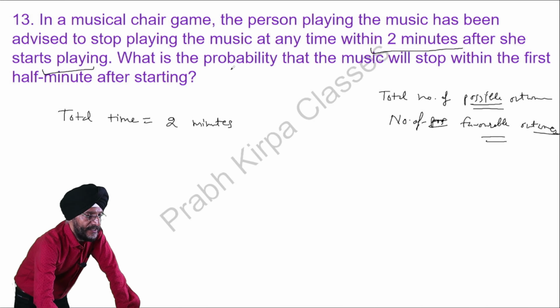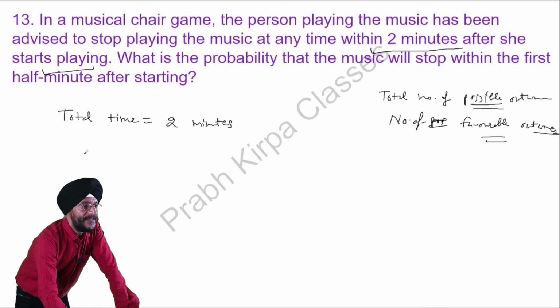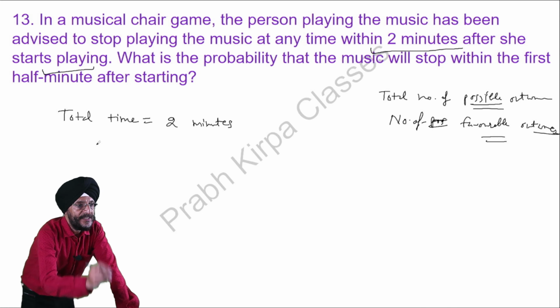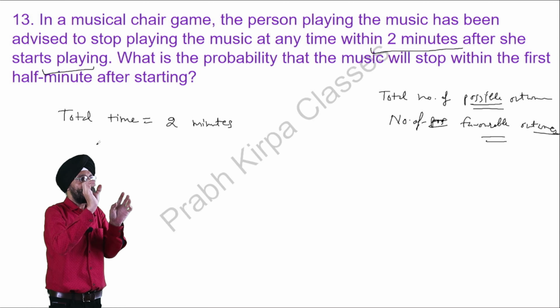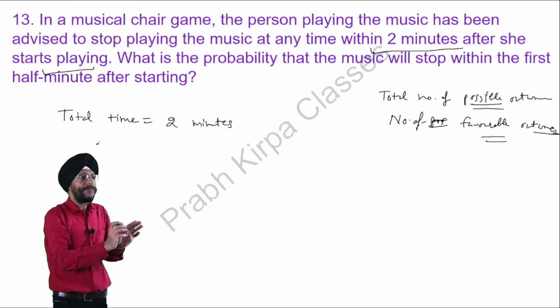Now what is the probability that the music will stop within the first half minute? Half minute means 30 seconds. There are 60 seconds in 1 minute, and here half minute is given.